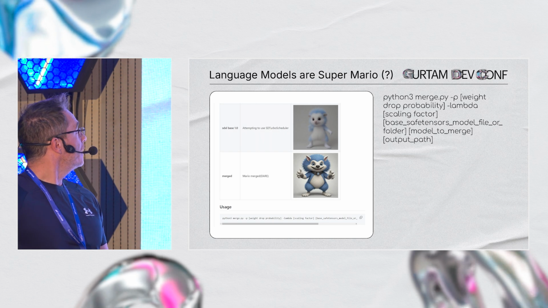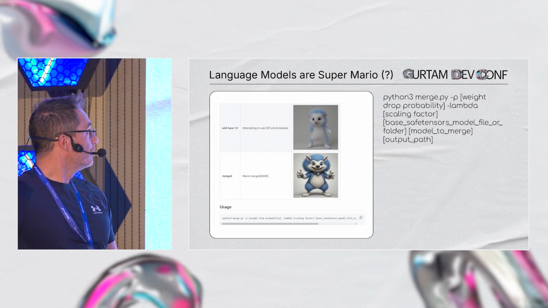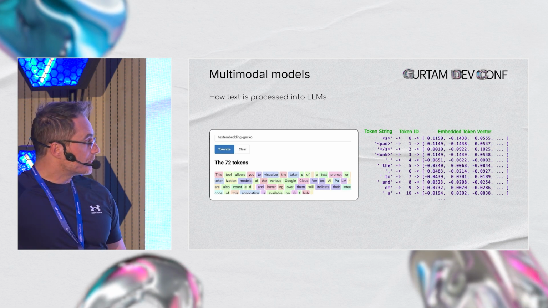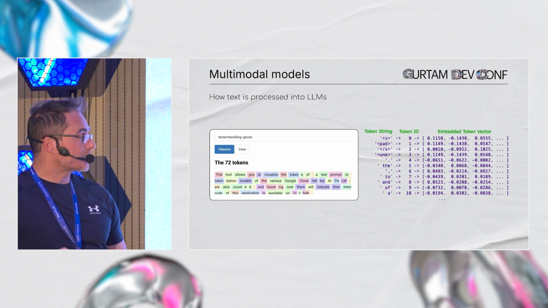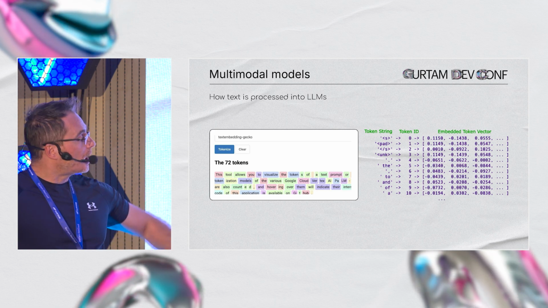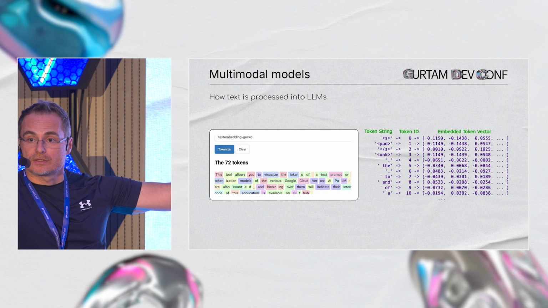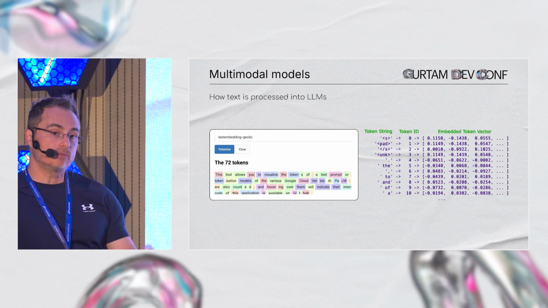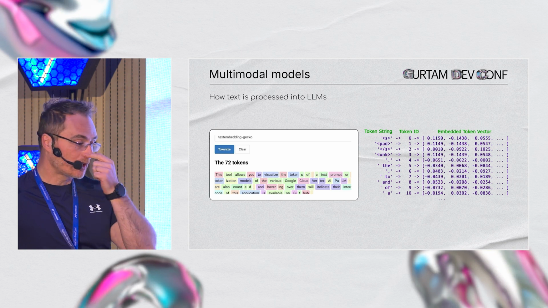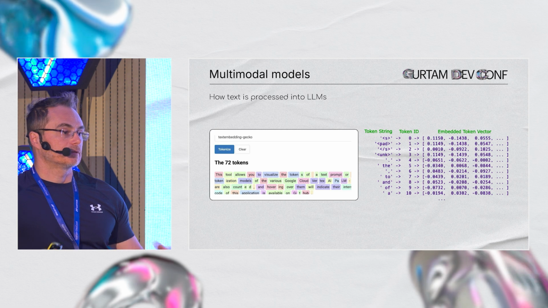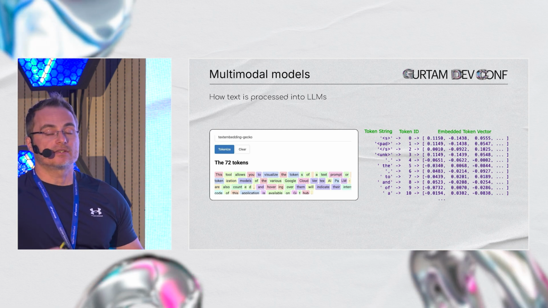Now let's introduce multimodal models. But first, we have to understand very quickly how the process of converting text as input for large language models works. I guess that you know, but machines understand just numbers.